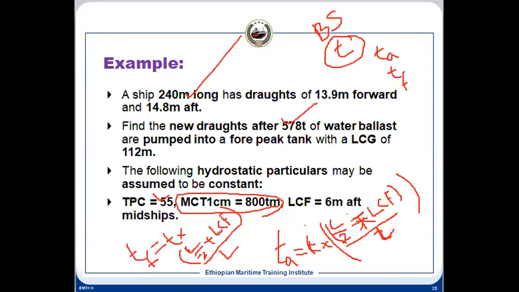Once TA and TF are known to us, tell me, TA will be minus. See this draft: suppose the final draft aft is equal to your initial draft, which is given to us, suppose DA dash, plus BS, because we have added the mass, BS will be plus.